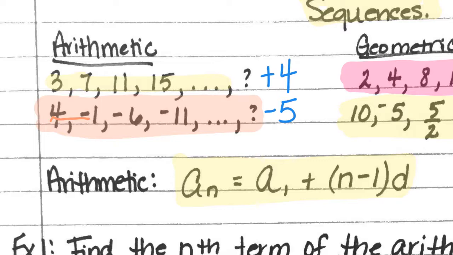So this formula is for arithmetic: a sub n is equal to a sub 1, that is the first term of the sequence, plus, don't forget that plus, arithmetic, there is addition, in parentheses, n minus 1, that's the number of terms minus 1, times d, which is the common difference.